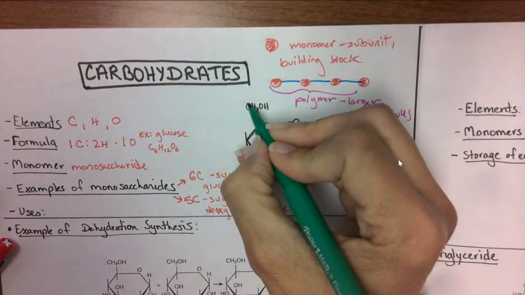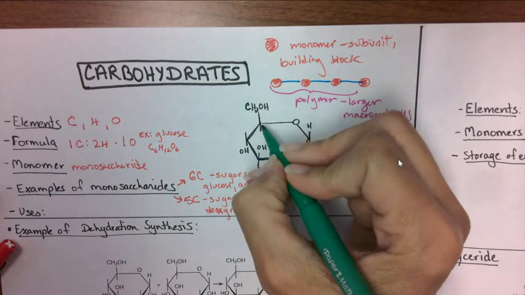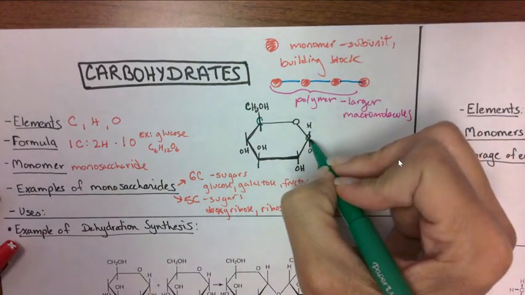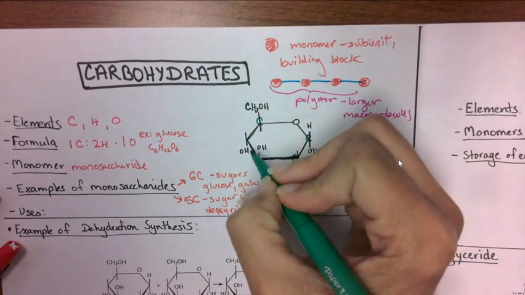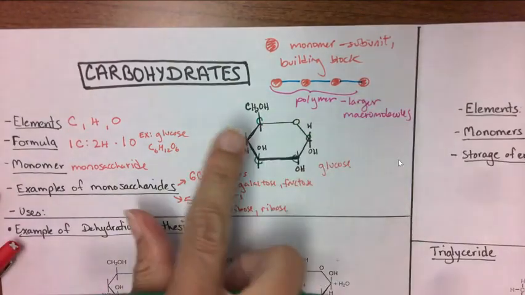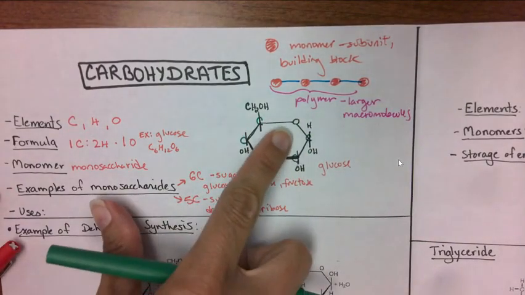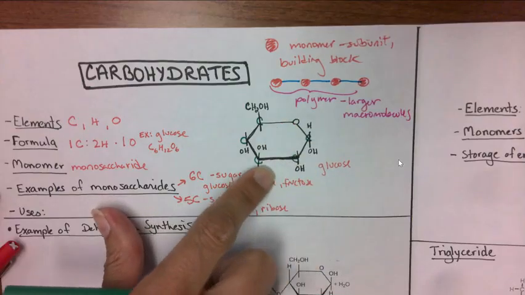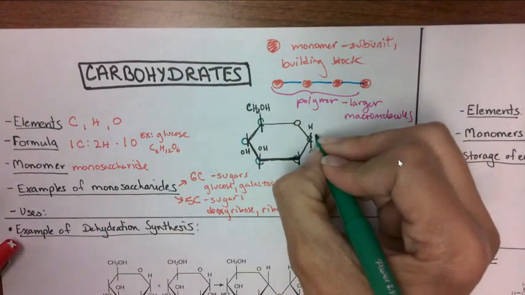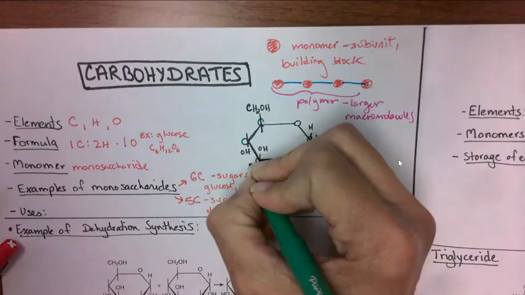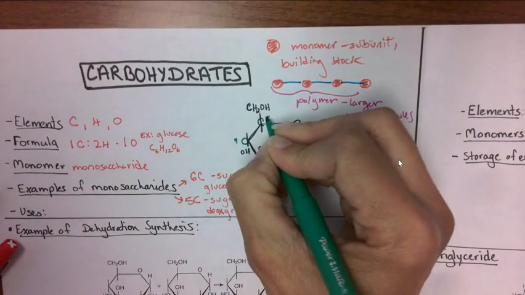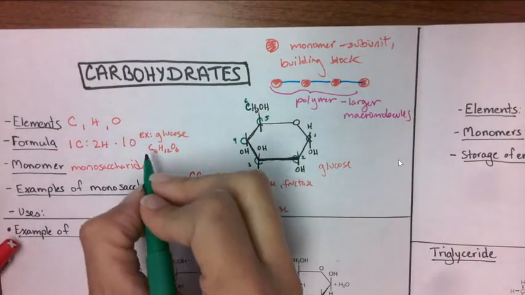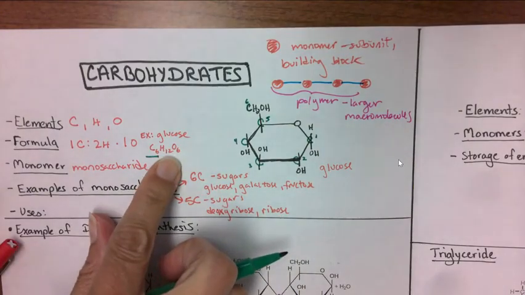So we have a carbon here that's listed. This intersecting point will be a carbon, carbon, carbon, carbon, carbon. When you count carbons, you always start at the part of the molecule that's a little different and count clockwise. So this is carbon 1, carbon 2, 3, 4, 5, 6. And all of a sudden, you have the 6 carbons we were looking for.